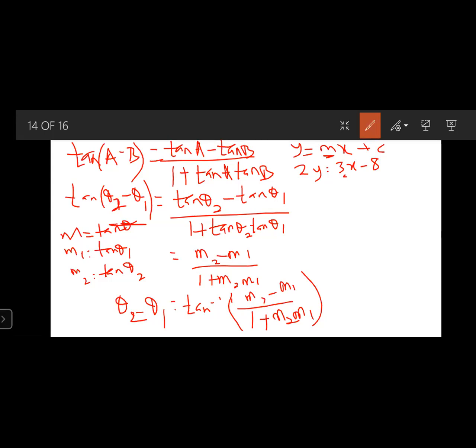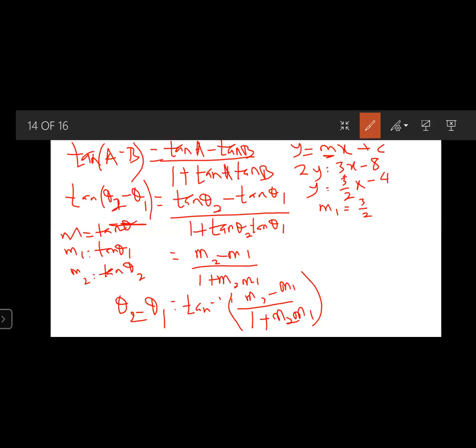So divide through by 2, and we have y equals 3 over 2 x minus 4. What we are interested in is 3 over 2, so our M1 is equal to 3 over 2.